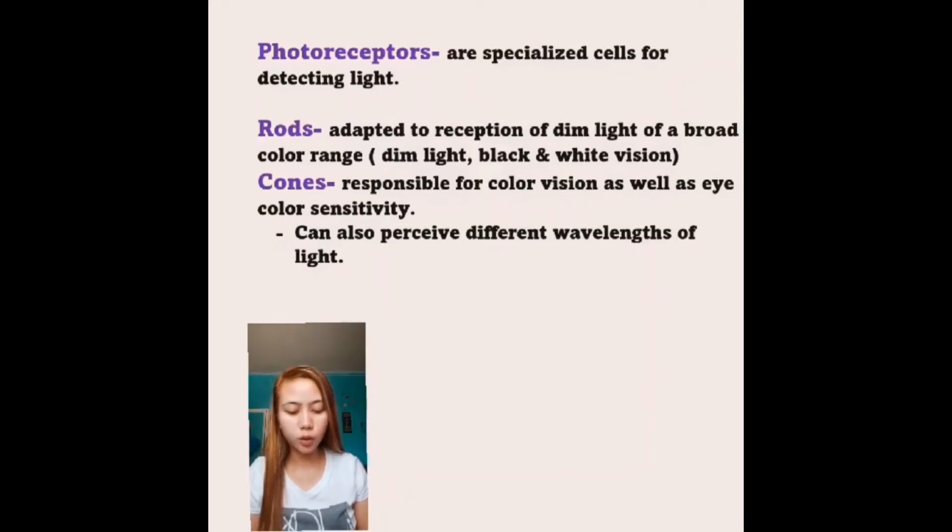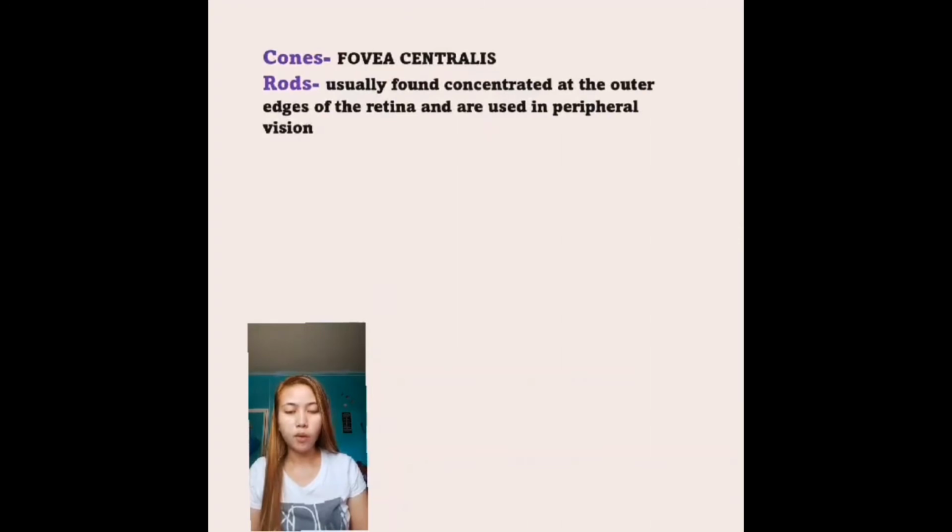Cones are the other type of photoreceptor in the retina of the eye, responsible for color vision as well as visual acuity. They can also perceive different wavelengths of light. Cones are densely packed in the fovea centralis, while rods are usually concentrated at the outer edges of the retina and are used in peripheral vision.